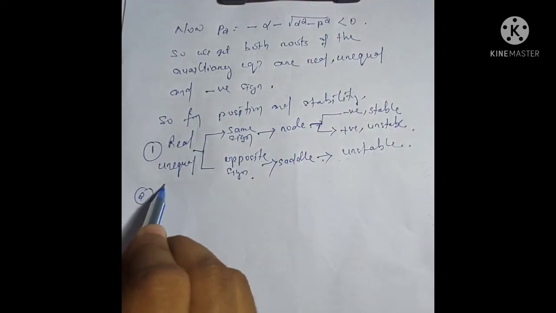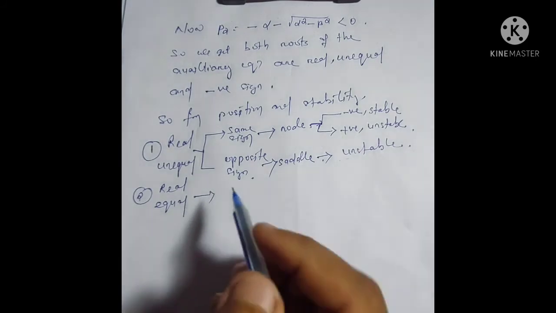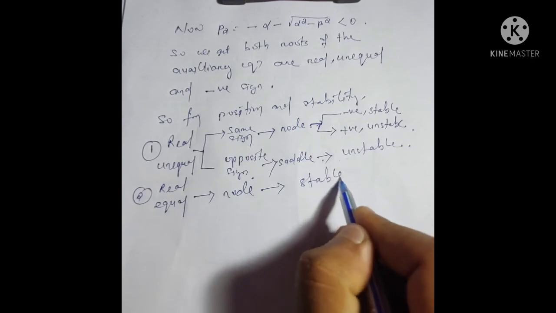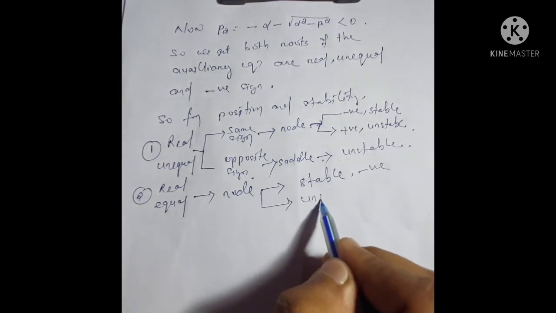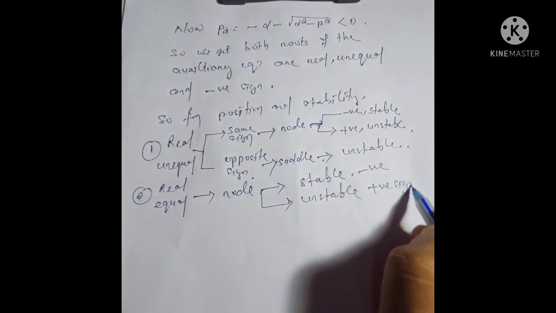Now condition 2, if the roots are real and equal, then it is always a node, and it is stable when the roots are negative, and it is unstable when both roots are positive.